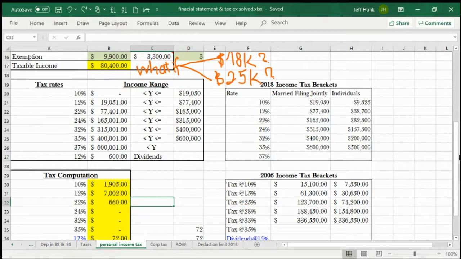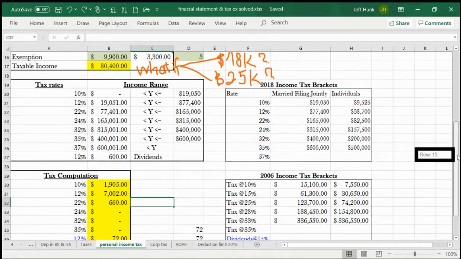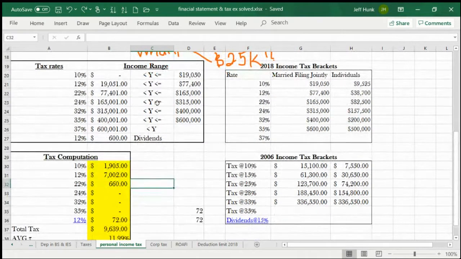For low income earners, there isn't that much difference. But for very wealthy people, there is a huge difference. Because if you look at it, there are 7 brackets in 2018, and I think the last tax bracket revision was in 2013, but I'm not sure.